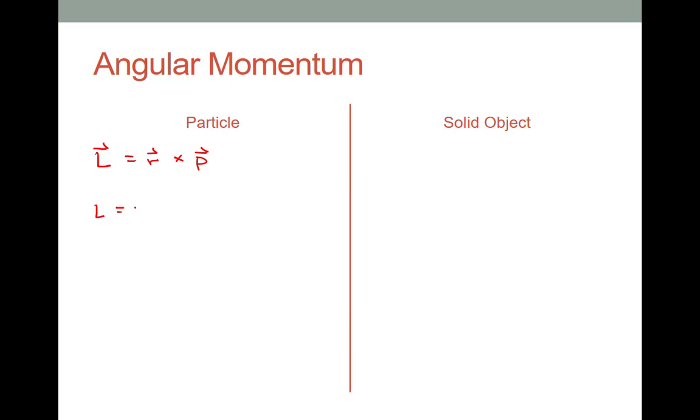Remember, because it's a cross product, that will be in magnitude r p sine theta. If we're dealing with a solid object, then we get a formula for the angular momentum that is more akin to the linear momentum. Remember, linear momentum was mass times velocity. So angular momentum is the moment of inertia multiplied by the angular velocity.